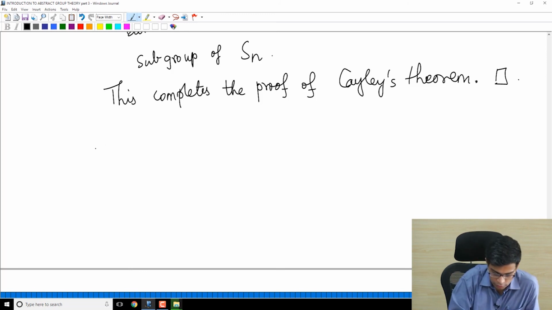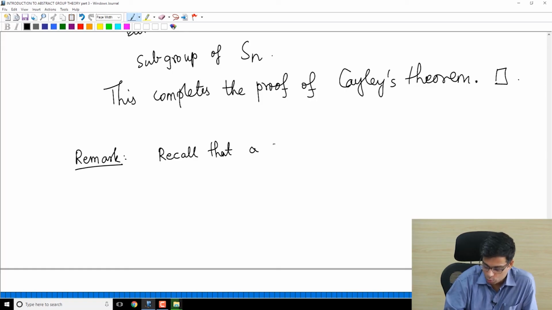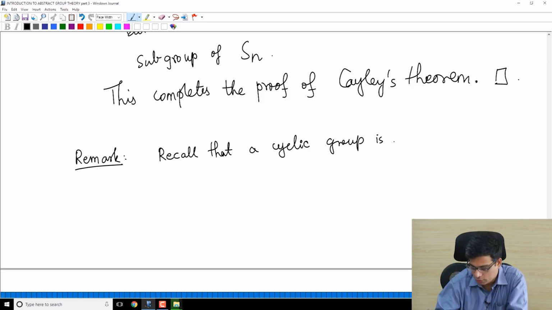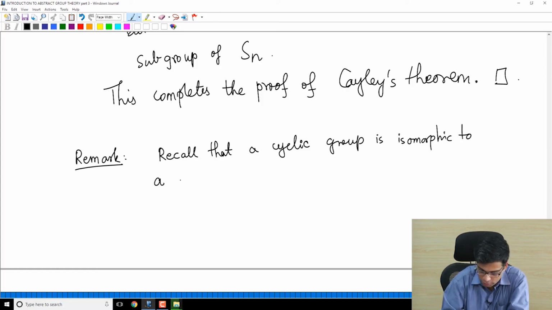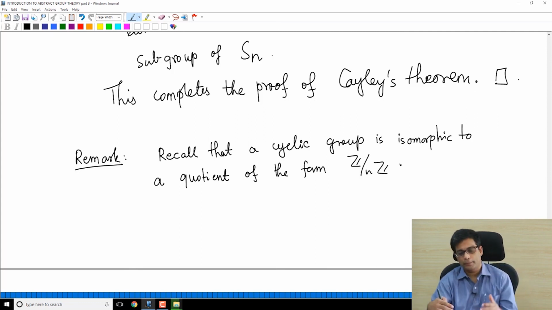So I'm going to remark here something that we have proved earlier. Recall that a cyclic group is isomorphic to a quotient, right? So compare this statement, a cyclic group is isomorphic to a quotient of the form Z mod nZ.